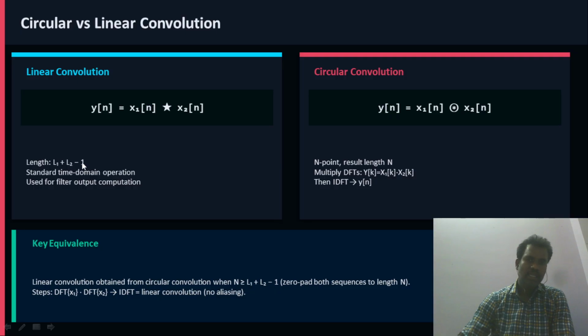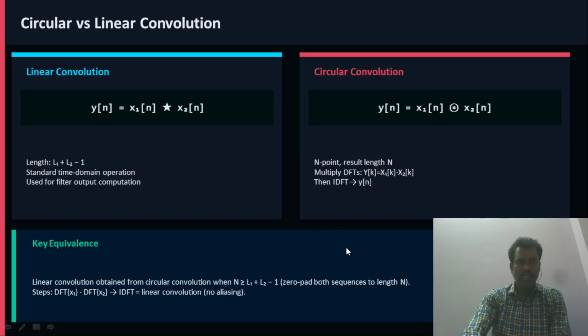But whereas in circular convolution, both the sequence lengths are N, and its output circular convolution sequence is also equal to N. Signal length will not be changed in circular convolution because it is periodic. Okay?